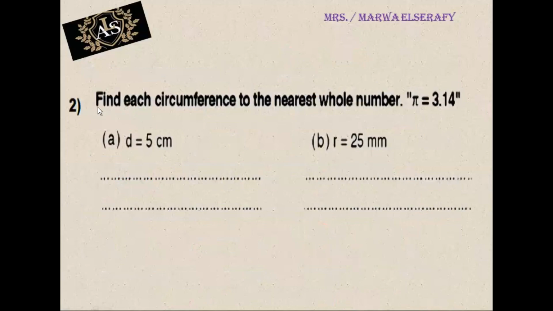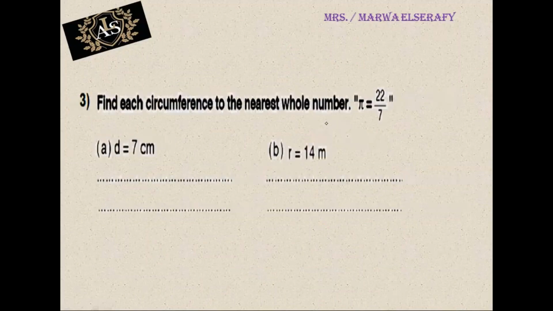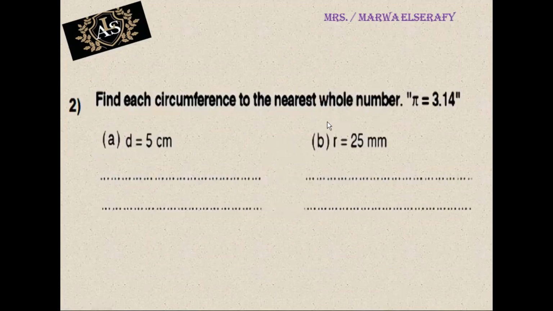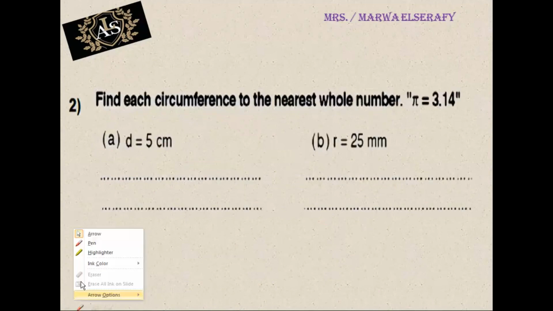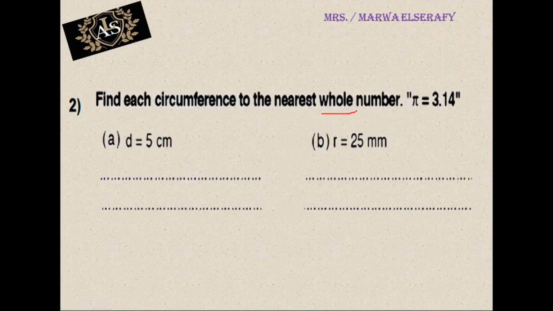The second question. Find each circumference to the nearest whole number. To the nearest whole number, and he gives me the value of pi, which equals 3.14.